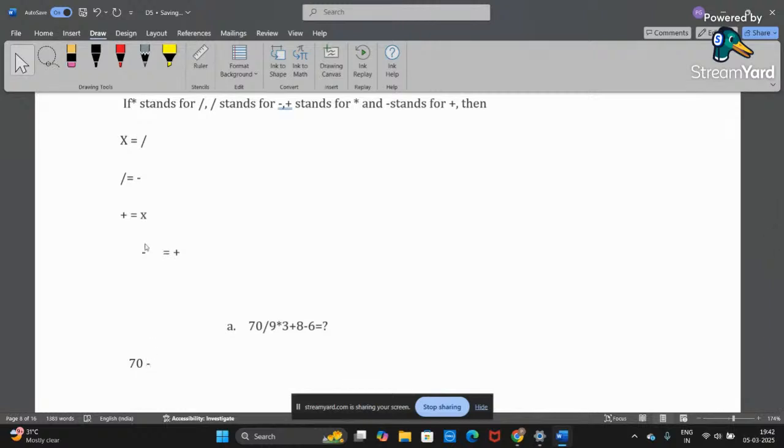So you have to write minus in the place of division. Then 9. Star stands for what? Division. Write it down here. Write the number as it is. And plus stands for multiplication. Write the number. Minus stands for addition. And write the number. Now we need to calculate. Use the BODMAS formula.